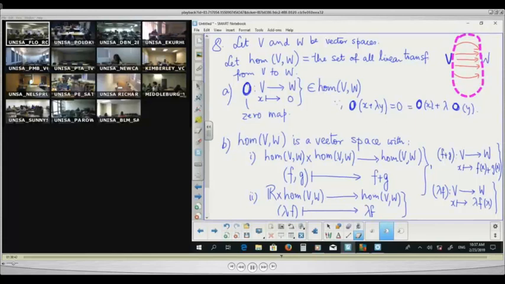Again pointwise. Now, I'm saying this will be a vector space provided I can show that f plus g is actually a linear transformation, as well as lambda f is a linear transformation. Let me say why.